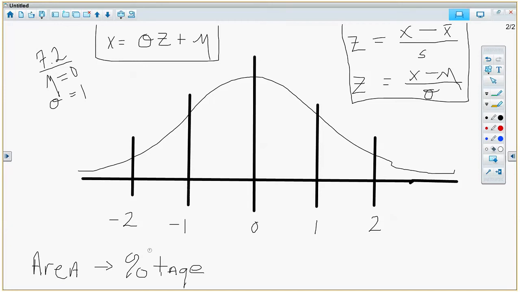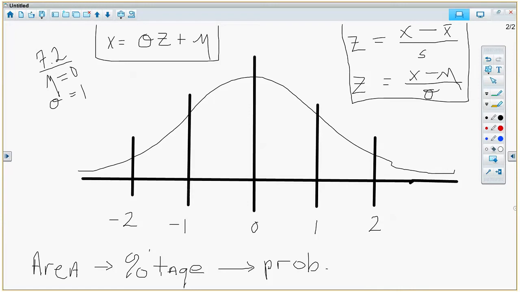Another word for percentage and area is probability. So you may have several different questions in this section, and they may ask for the area, the probability, or the percentage. Whatever they ask for, those three things are the same thing.